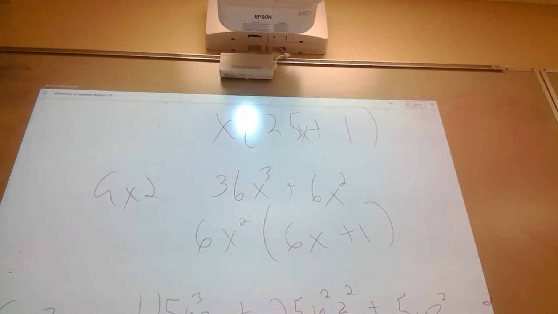How about this one? 125y cubed z. So first look at your coefficients. What do 125, 25, and 5 have in common? Then look at your y's. See what is the highest power you can pull out. And then look at your z's and see what is the highest power you can pull out. And then you pull those out, multiply together.